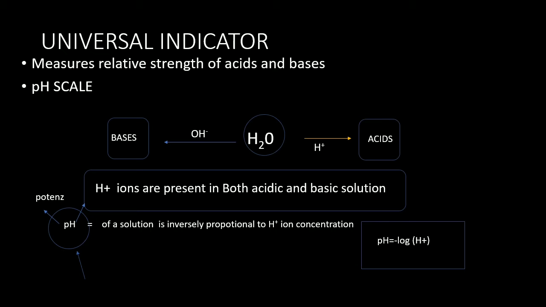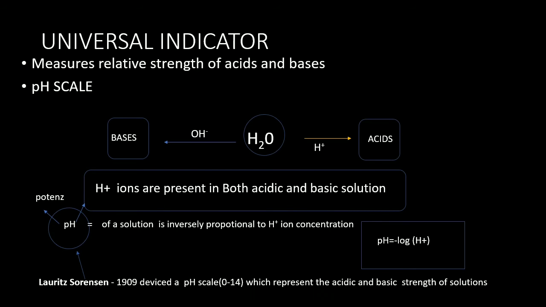What does it mean? It means that if we have a large amount of H+ ions in a solution, pH is very low. Utilizing this H+ ion concentration, Sorensen devised a pH scale.